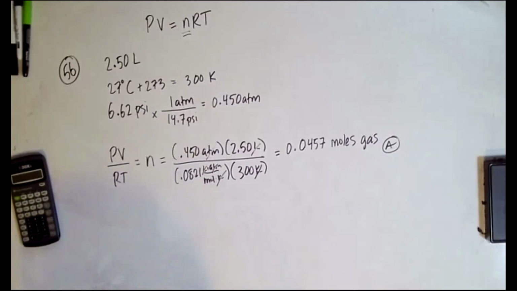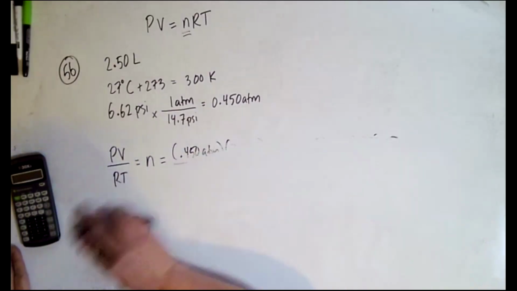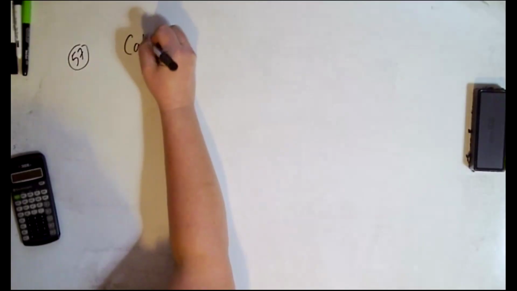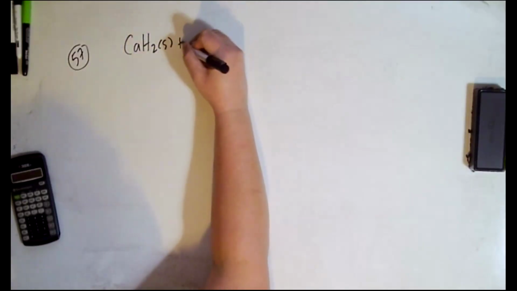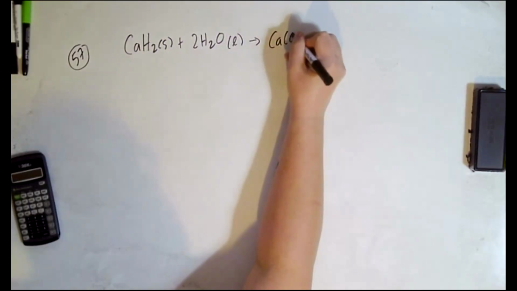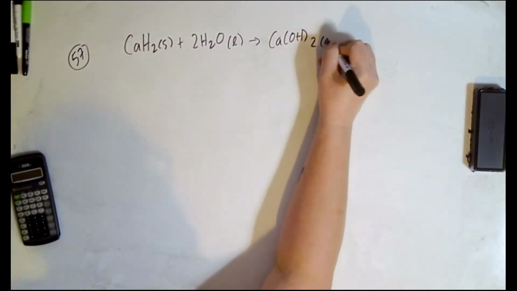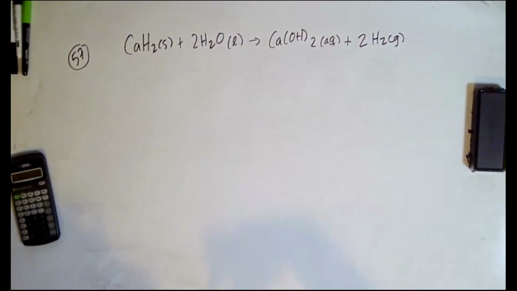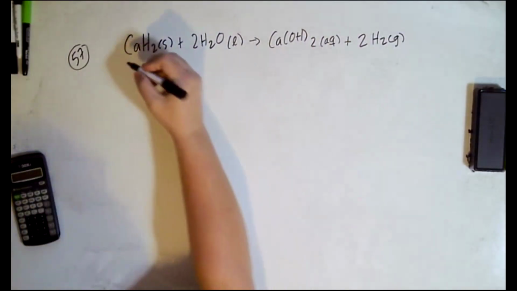All right, so for number 57, we have a balanced equation that we're going to be looking at. Okay, and they're saying how many grams.